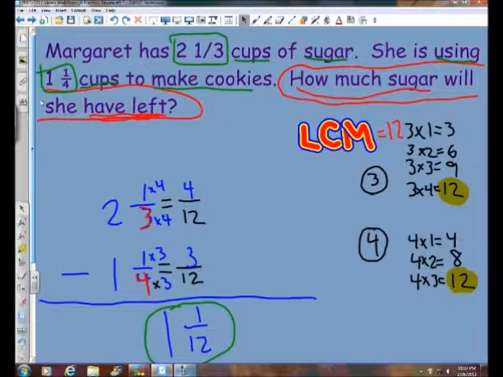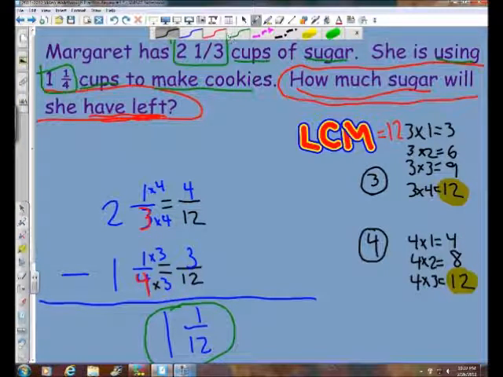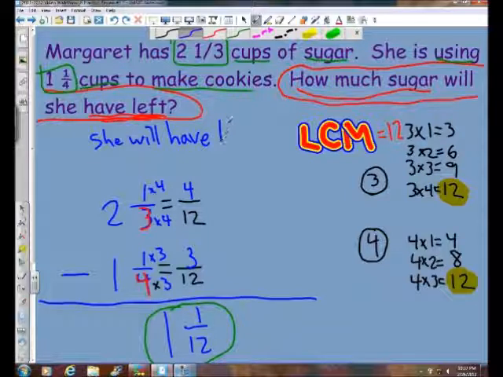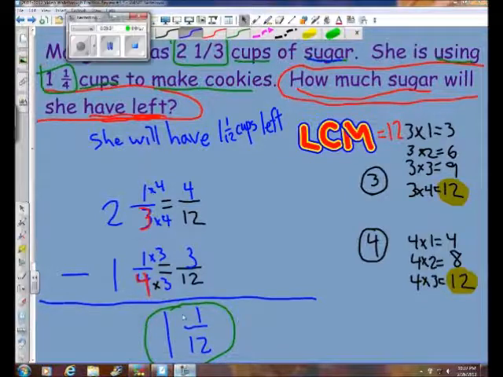And she will have, you could have put Margaret, she will have 1 1/12 cup left. And that would be cups of sugar. So there you go. There's the first solution to that problem. Not so bad.